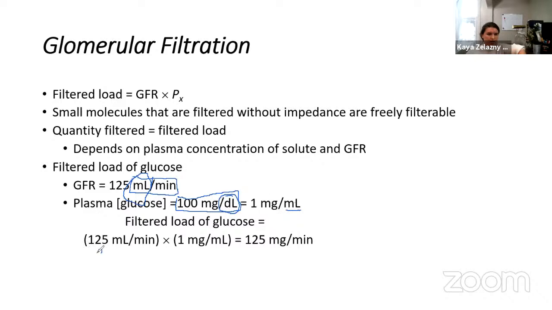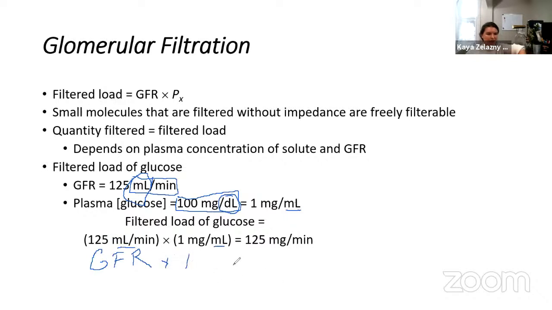So here's our GFR, just as we saw it before, our 125 milliliters per minute, multiplied by our plasma concentration of glucose, which we've converted so that it's also in milliliters. Super conveniently, that just gives us 1.